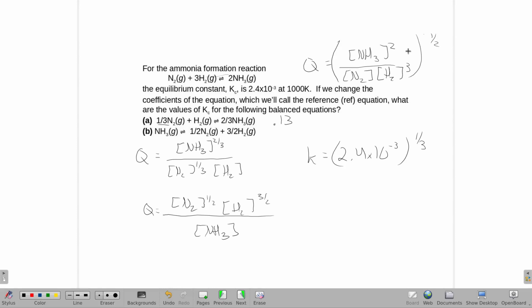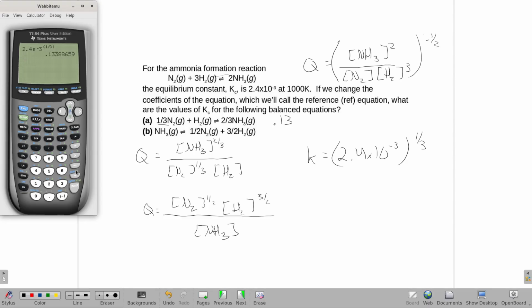But how do you flip an equation, or flip a fraction? Yeah, -1/2. So this is kind of neat. To get that second K, I'm going to take that 2.4 times 10 to the -3rd, and I'm going to raise it to the -1/2 power.